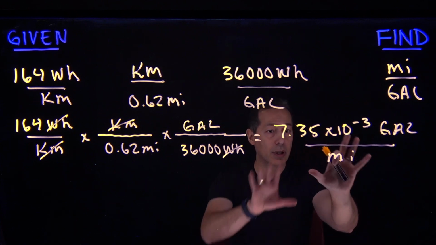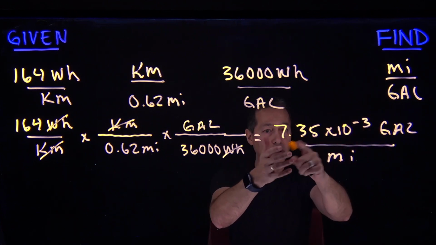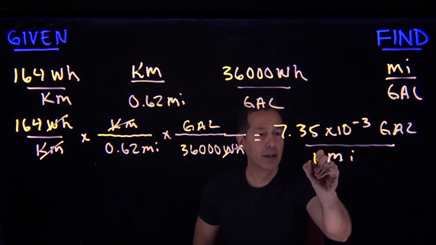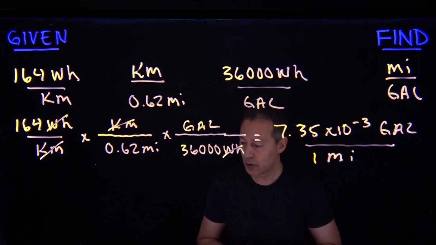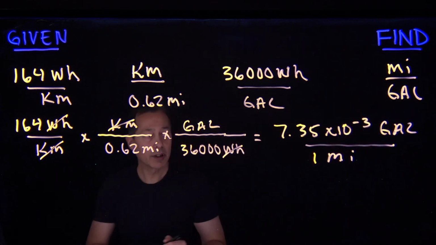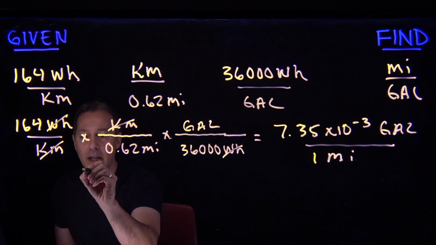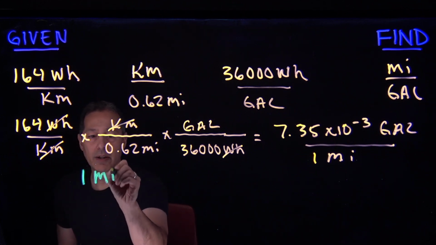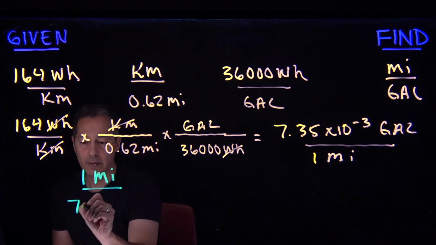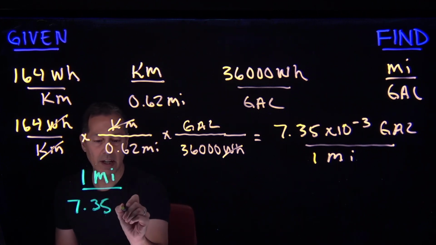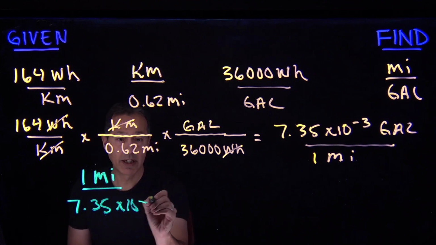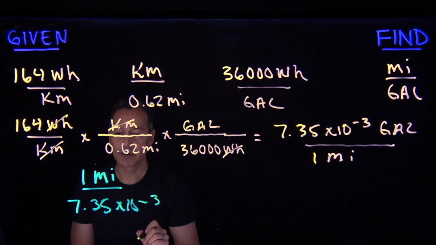And so here I've got this 7.35 per mile. This is per 1 mile. And so what I'm going to do here is I'm just going to take this and I'm going to flip it over. So I'll say then that 1 mile is over then 7.35 times 10 to the minus third, like this.